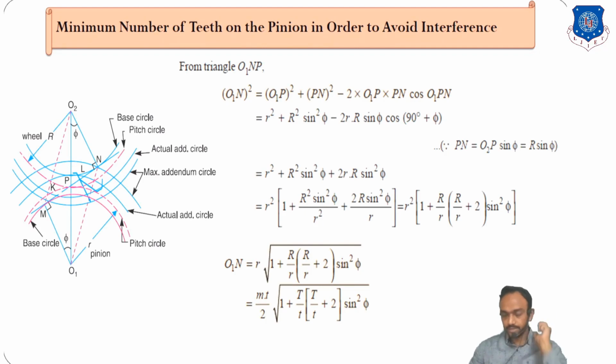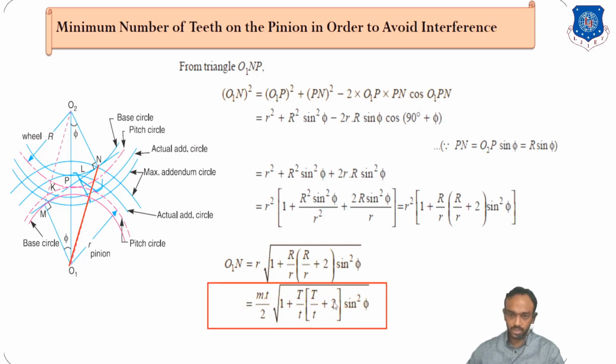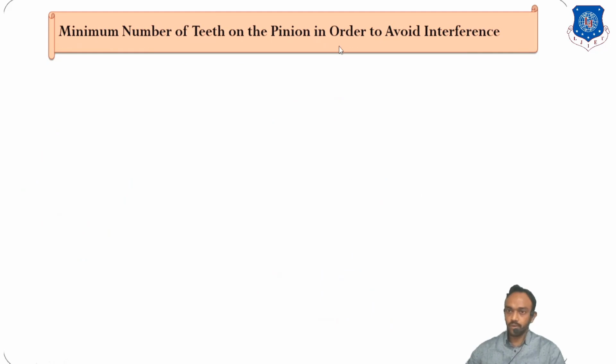So we have to find the maximum possible addendum length. What is the maximum possible addendum length? O1n is equal to, you can write this as the maximum possible addendum. So first of all, we have to find the minimum number of teeth to avoid the interference. So I have to explain to you what is the addendum radius.